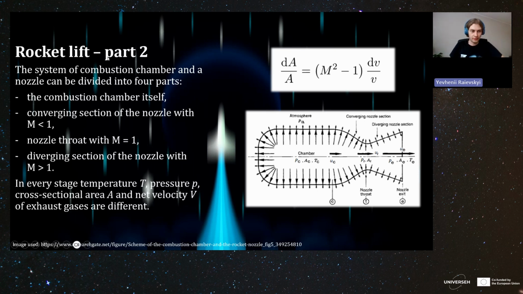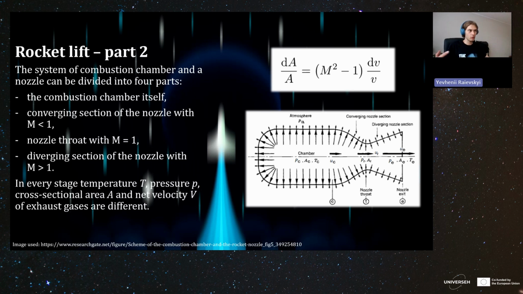And the system of combustion chamber and the nozzle can be divided into 4 parts. Of course, the first one is the combustion chamber itself here, with the arrows indicating pressure exerted everywhere on the walls of this combustion chamber. They are presented as vectors, of course, and we know if we add vectors, like, for example, this vector and this vector, up and down, they cancel out.